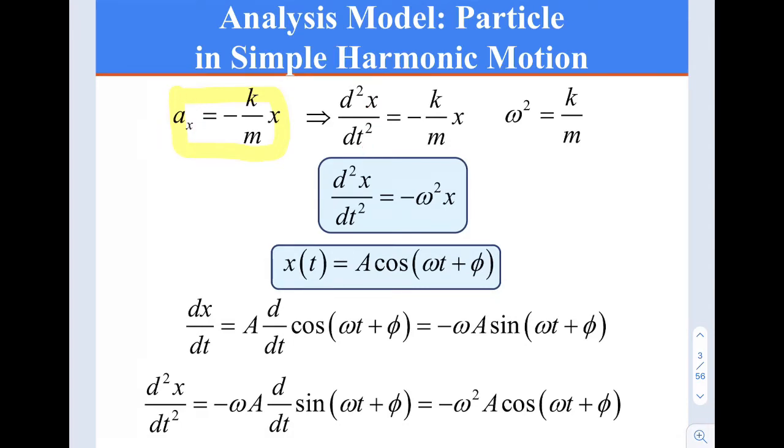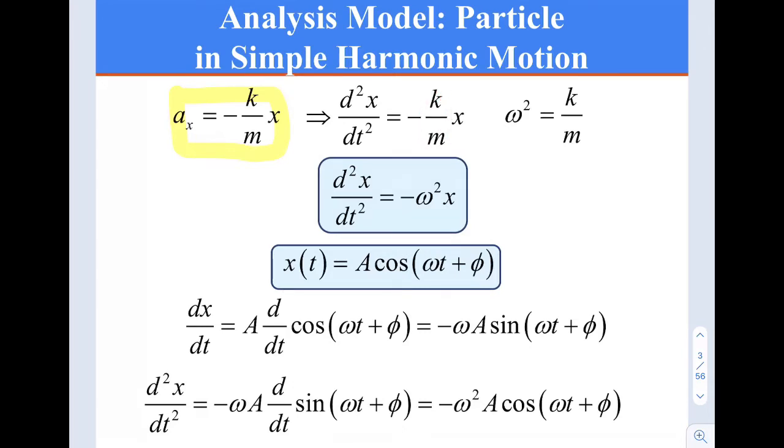So this can be written as d squared x over dt squared equivalent to negative k over m times x. And we are going to substitute k over m as omega squared. Why must it be squared? There is some explanation later on. So now we take this as omega squared, so d squared x over dt squared equals negative omega squared x.